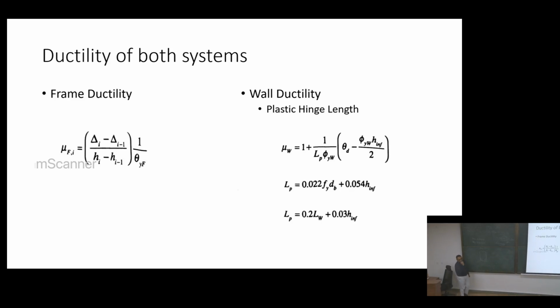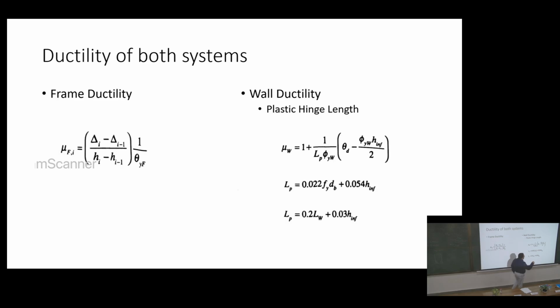And as the building rocks back and forth, localized compression and localized damage happen that can create that plastic hinge or exacerbate its formation. For reinforced concrete, the plastic hinge length is very well established. For other materials, it's not very well established, and it's still a matter of assumption.